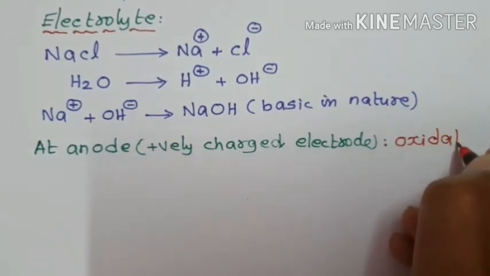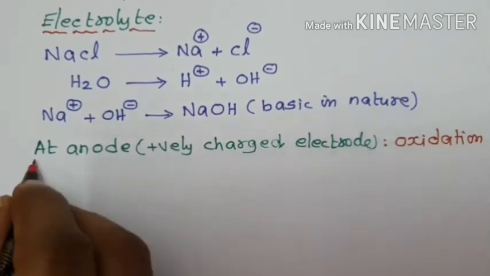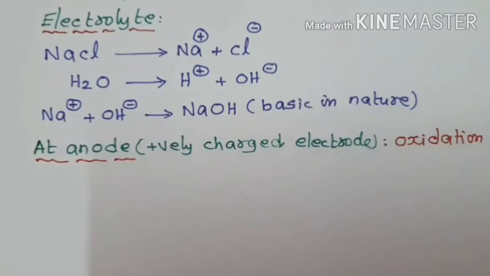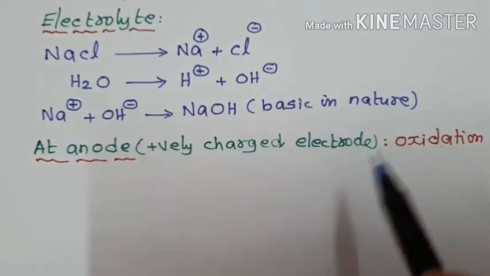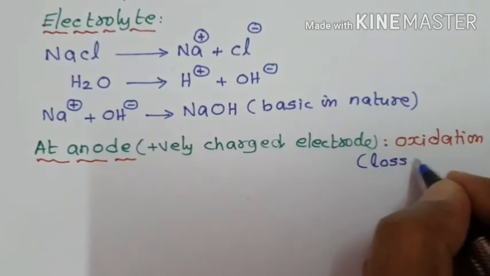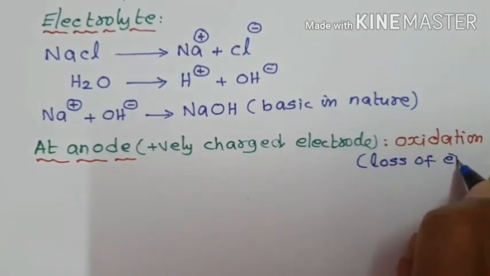What is meant by oxidation? According to the electronic concept, oxidation is loss of electrons.